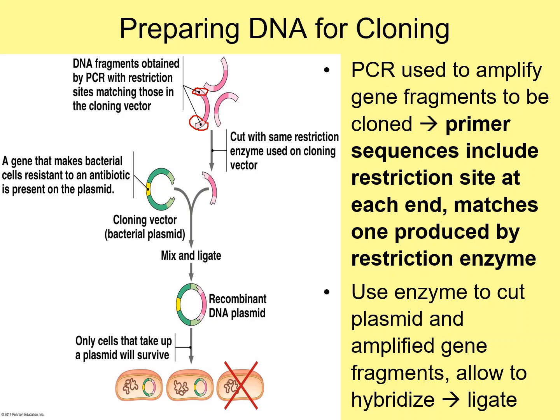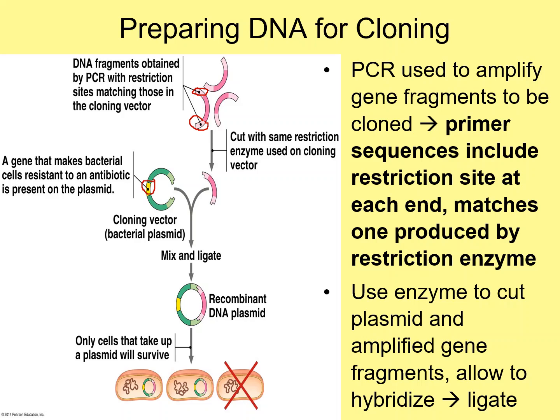Now the plasmids, you'll also notice here, we've got a gene that makes bacterial cells resistant to an antibiotic. That's present on the plasmid. So what we typically do is take our recombinant DNA plasmids, expose our bacteria to those, and they take them up, hopefully. And then we have a way of getting rid of the bacterial cells that didn't take up the plasmid.